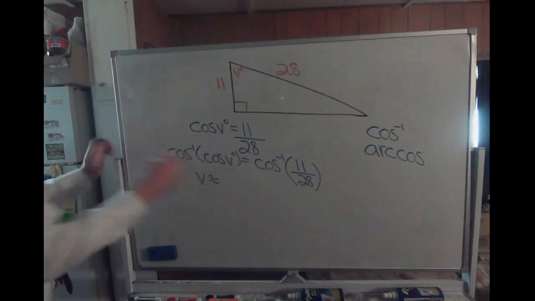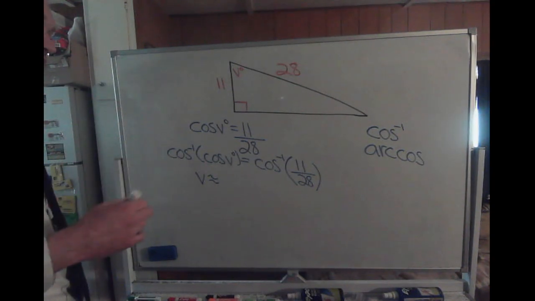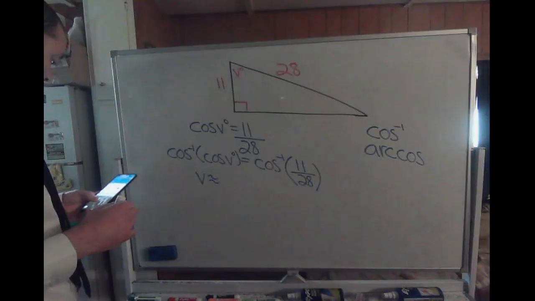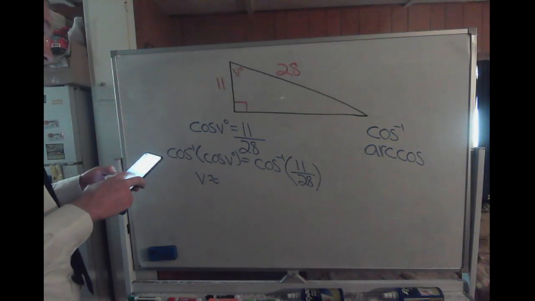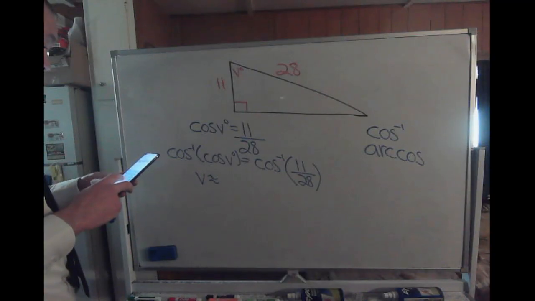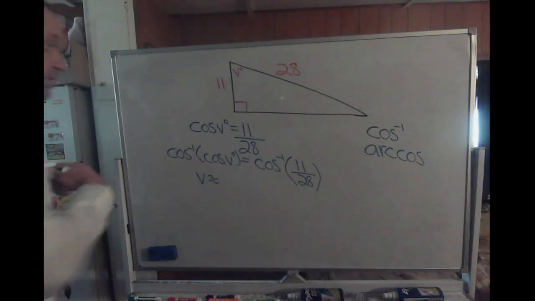We're going to round the value of V to the nearest degree. So let's take the cosine inverse of 11 over 28. Again, make sure your calculator's set for degree mode. That would give you about 67 degrees.